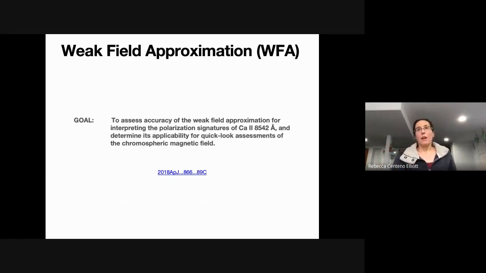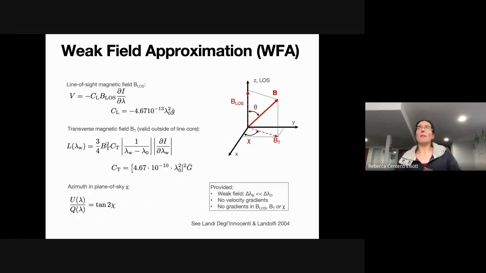Fortunately, chromospheric spectral lines are pretty broad, making the range of application of such an approximation a little easier. Under this approximation, one can apply a perturbative scheme to the polarized radiative transfer equation and arrive at a much simpler set of equations that connect the linear and the circular polarization to derivatives of the intensity with respect to wavelength.